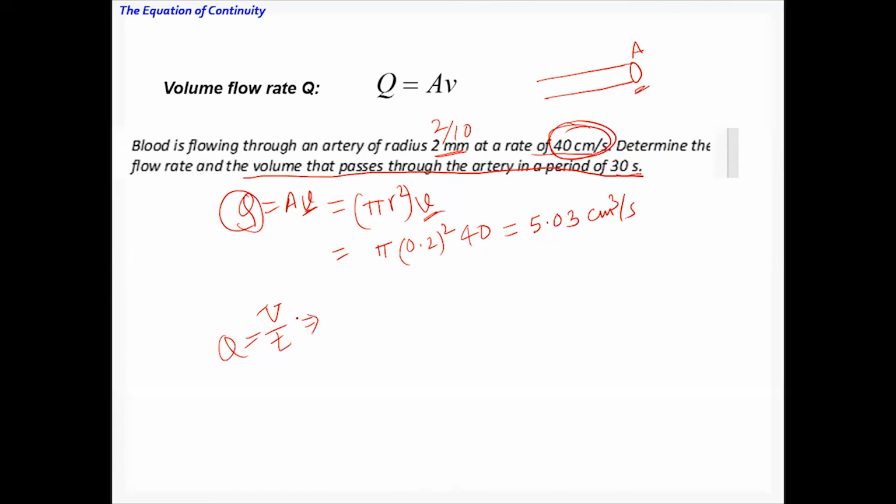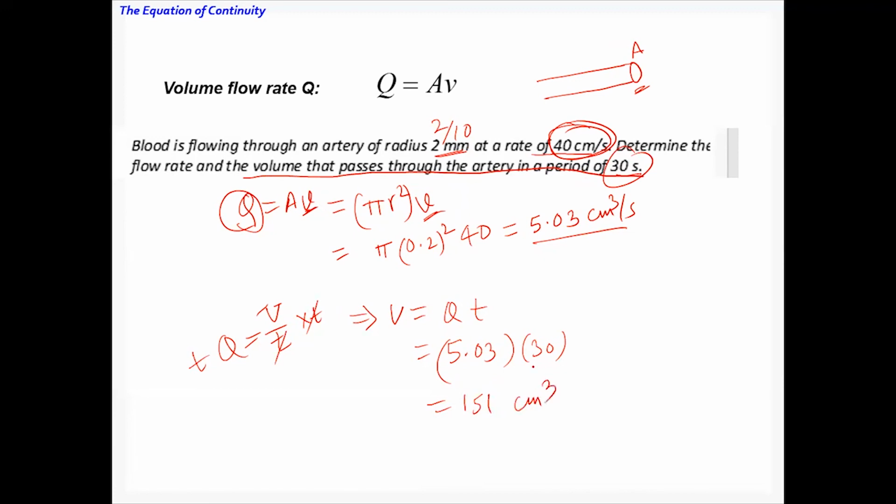If you multiply both sides by T, this cancels out, so V equals Q times T. We figured out Q is 5.03, times T, which is 30 seconds. If you multiply them together, you get 151 cm cubed. Remember, our unit is centimeter, that's why you have centimeter cubed here.